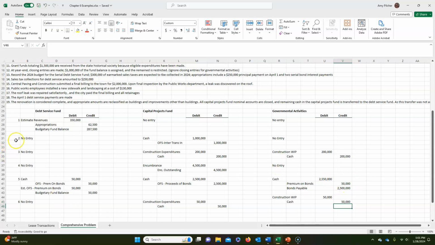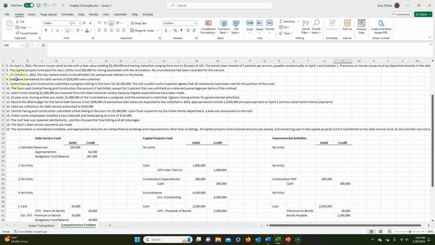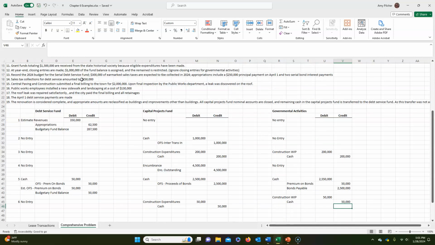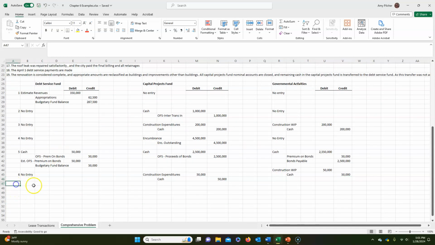Okay. So transaction 7. On October 1st, 2023, the city mailed checks to bondholders for semi-annual interest on the bond. Okay, so 7, we paid bond interest.